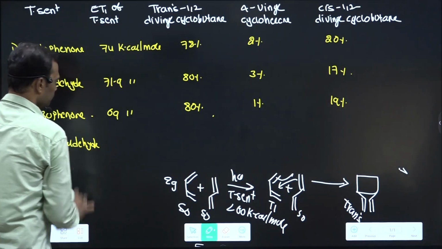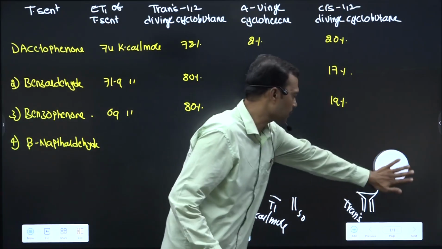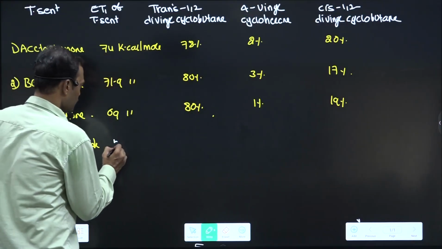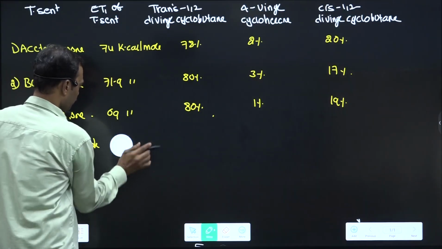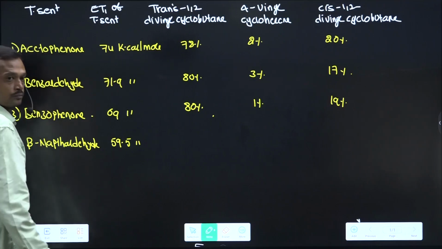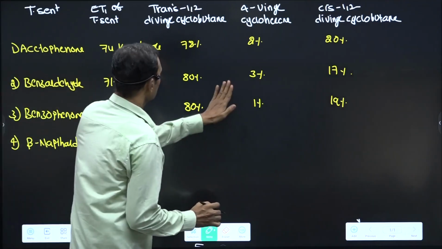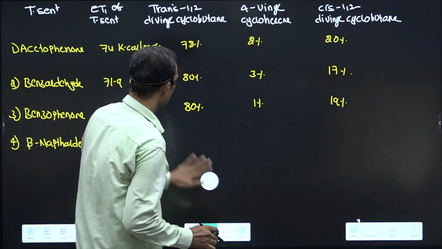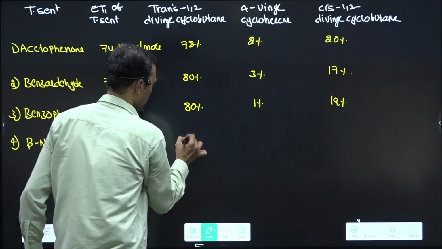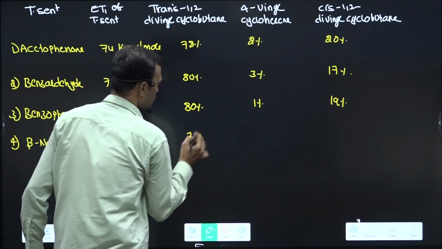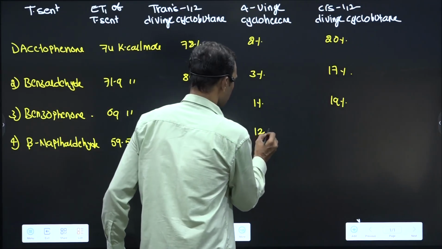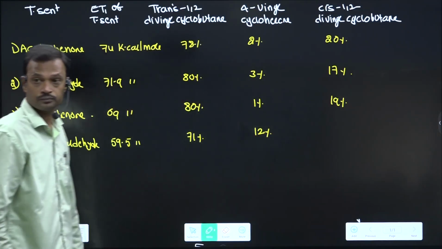Next is beta-naphthaldehyde. When I take beta-naphthaldehyde, its value is 59.5 kilocalorie per mole. Now the trans percentage is a little more affected. Here 71% is observed, and here almost 12%. The remaining will be cis.